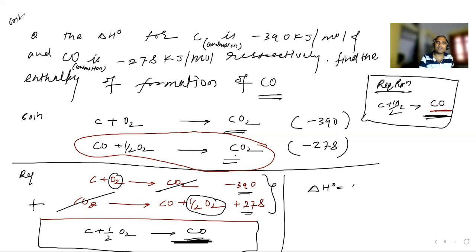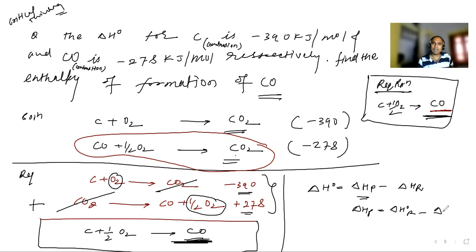Okay, critical thinking question. If I apply the formula, we might not get the answer. Delta H is equal to delta H product minus delta H reactant. Here is the product. Delta H of reaction is delta H of product minus delta H of reactant, but for delta H of reaction they didn't give any information.